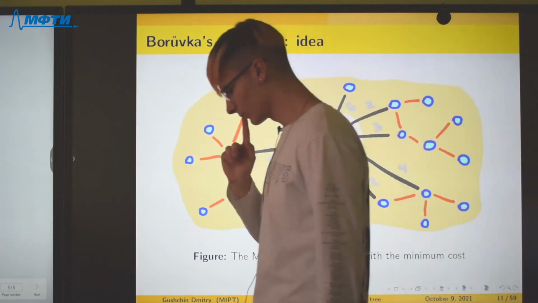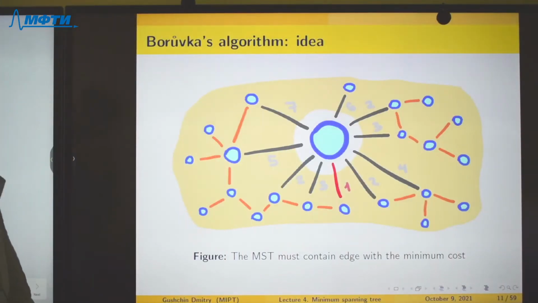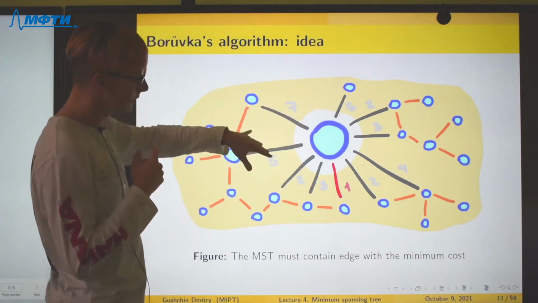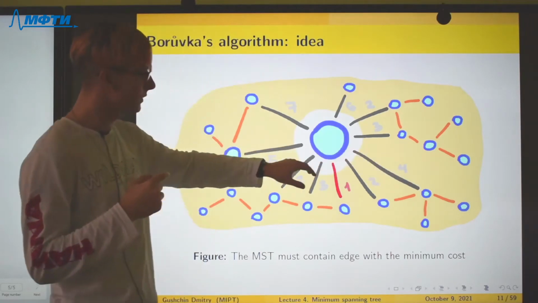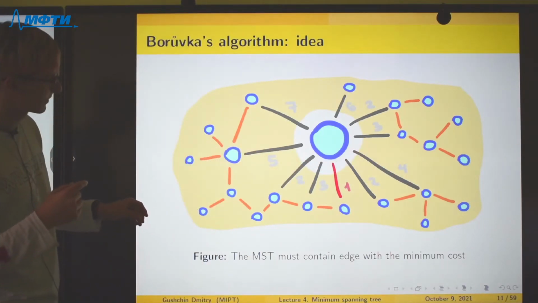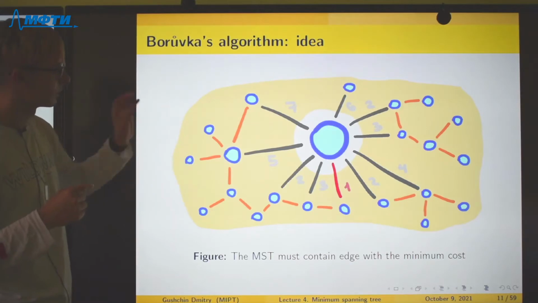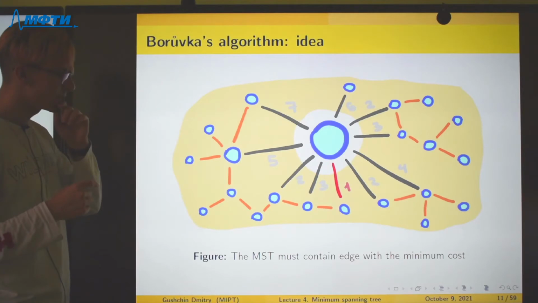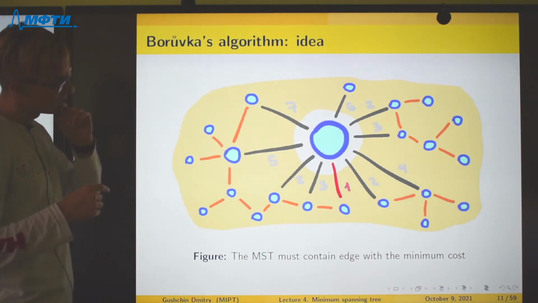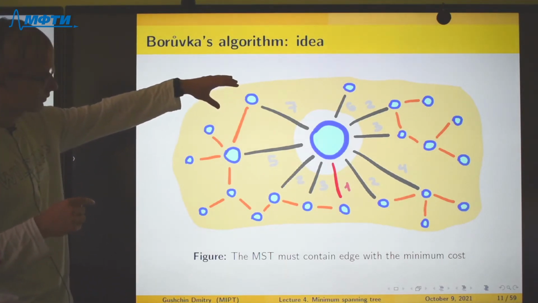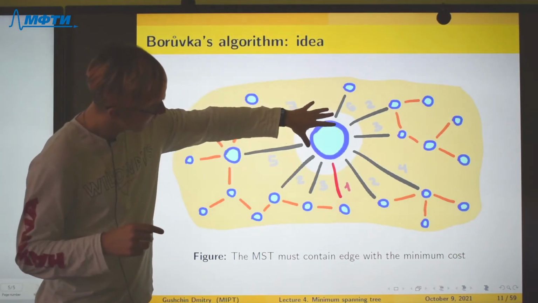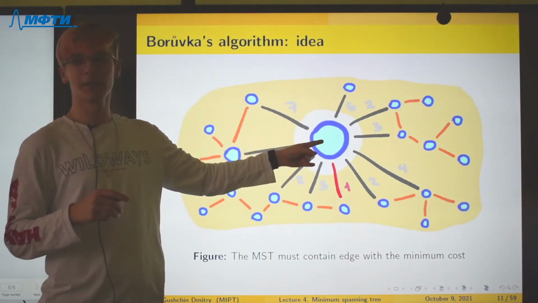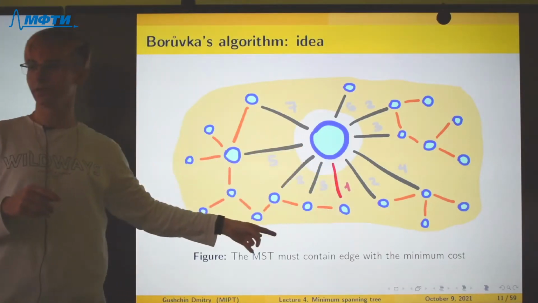If we have, for example, a vertex and different components contained in the minimal spanning tree, we can find a cut where one part contains only one vertex and the other part contains the other vertices.